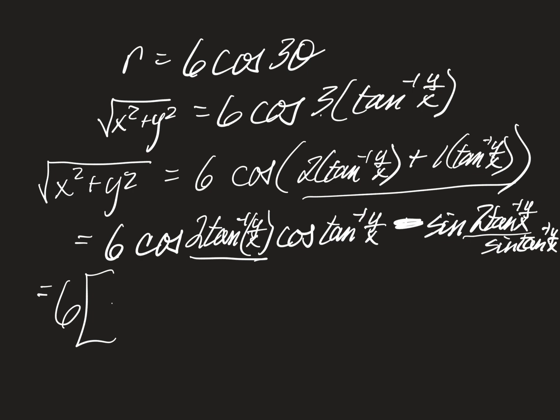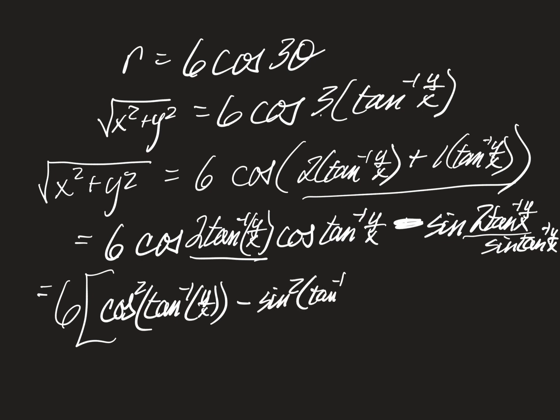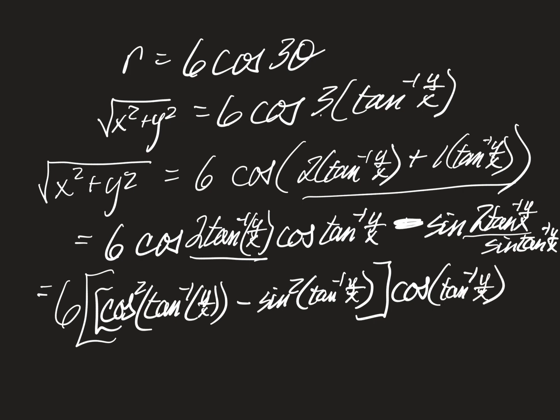So then we go cosine squared inverse tangent of y over x, all right, minus sine squared of inverse tangent of y over x, times this part here gets multiplied by the cosine of inverse tangent of y over x. All right? And then from that, we subtract.